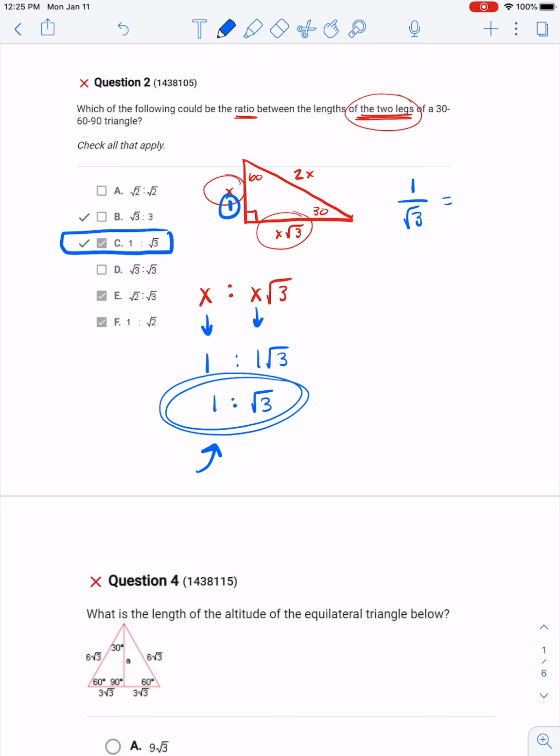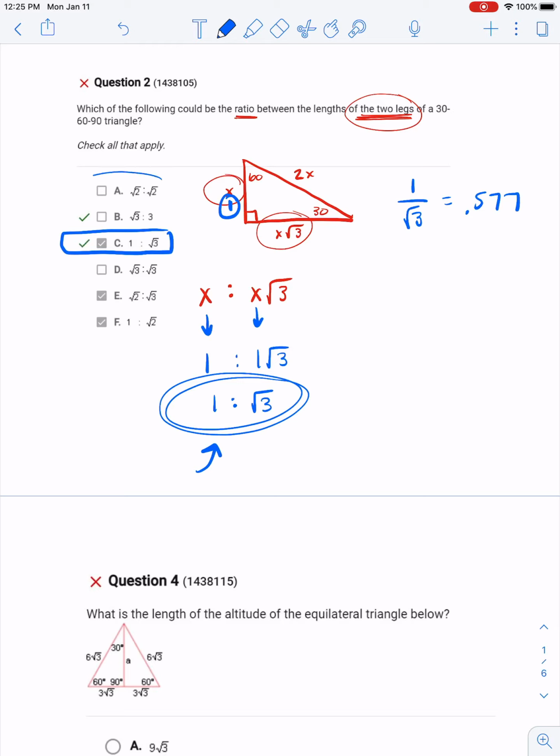I think this is the easiest way, instead of trying to simplify radicals and that stuff, to figure out which of those ratios, A through F, are actually equal to 1 to radical 3, okay? So when I do 1 divided by the square root of 3, I get 0.577.